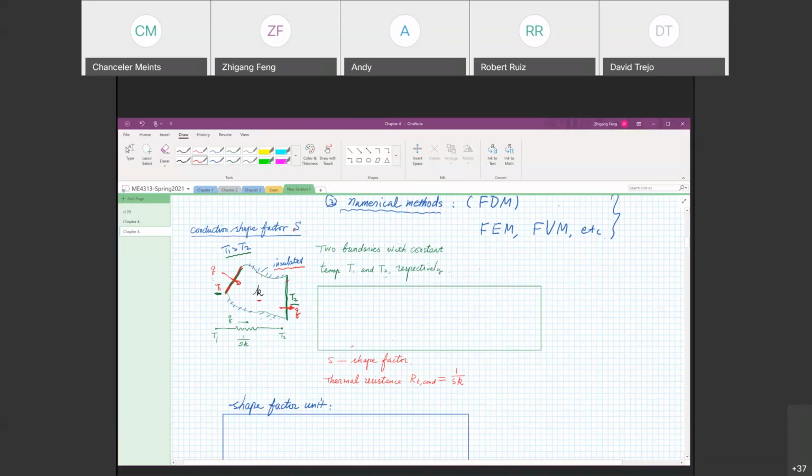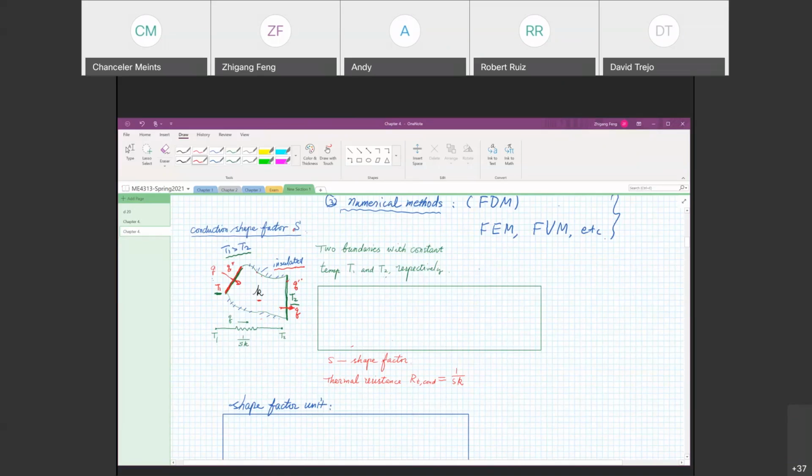So there will be a conceptual question in today's in-class quiz. Ask you, what's the condition for the shape factor method? Okay, so under this assumption, then the heat transfer rate at T1 surface should be equal to the heat transfer rate at T2 surface. It's a constant. Now the heat flux q double prime at these two surfaces may not be equal.